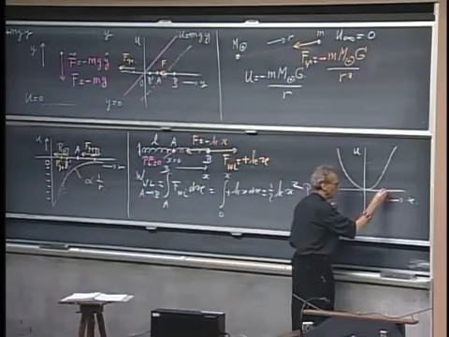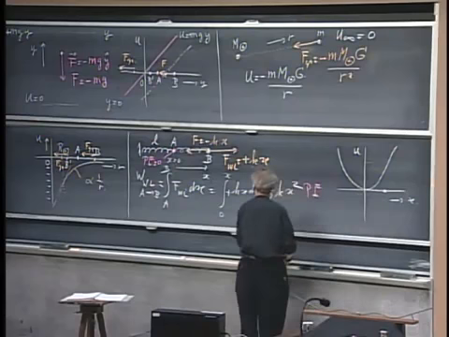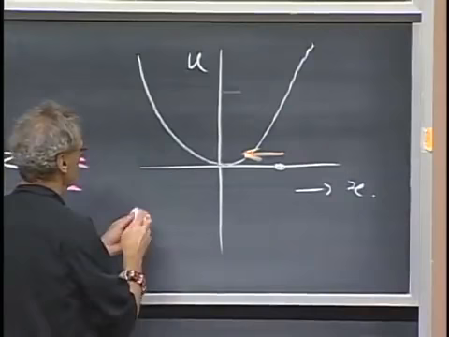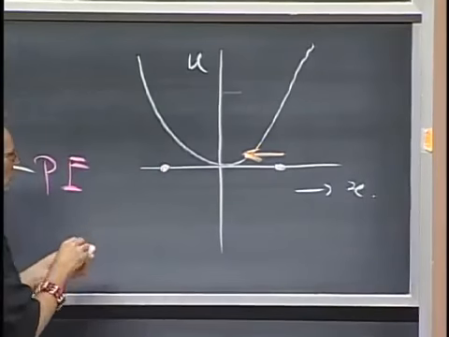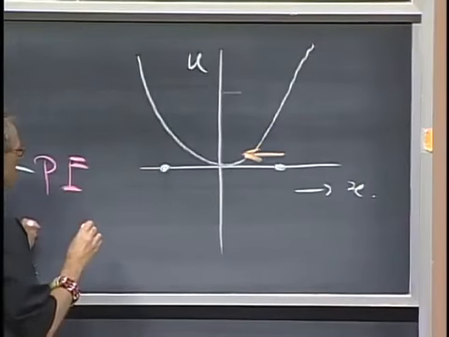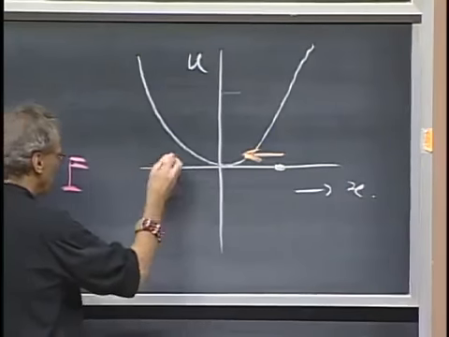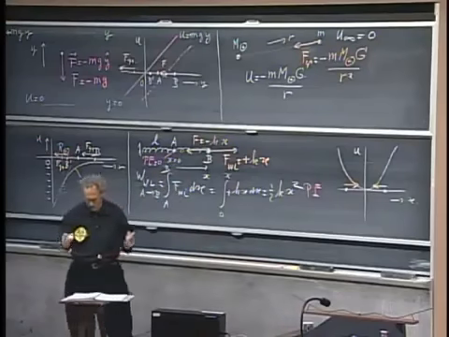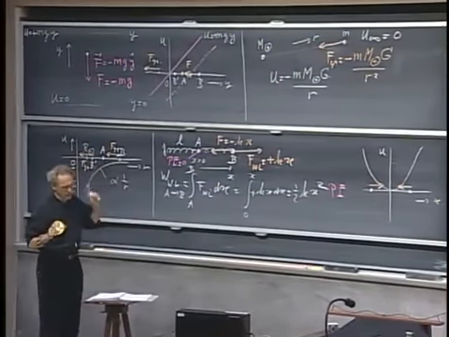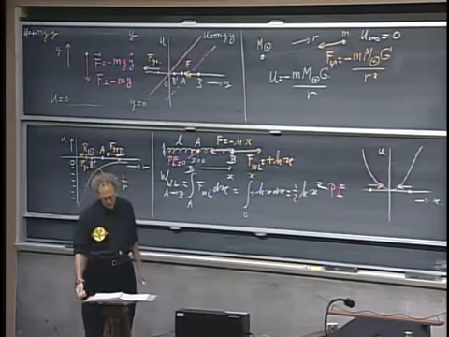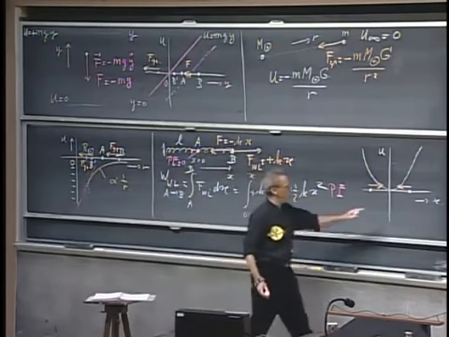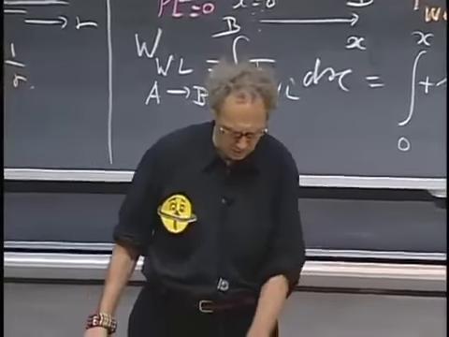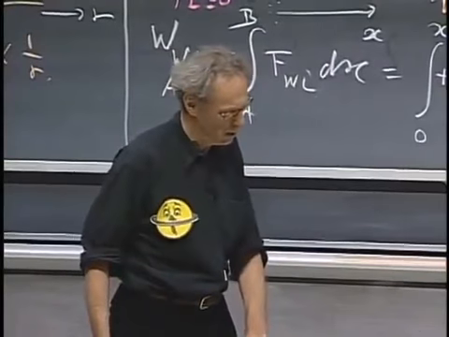If you go this way, potential energy increases, so it's clear that the force is going to be in this direction. You see, it's a restoring force. The force is always in the direction opposite to increasing potential energy. If you release an object here at 0 speed, it will therefore go towards lower potential energy. The force will drive it to lower potential energy.